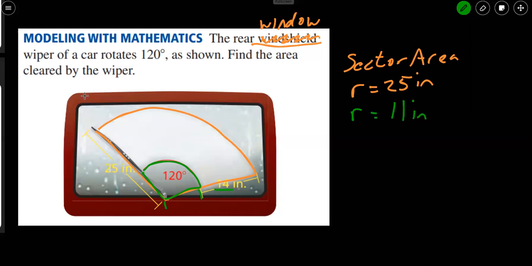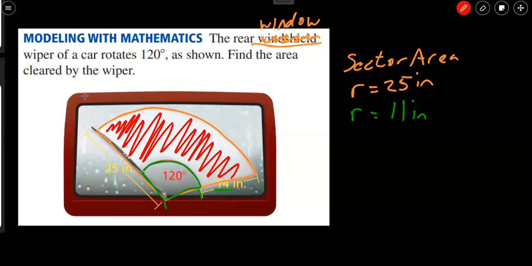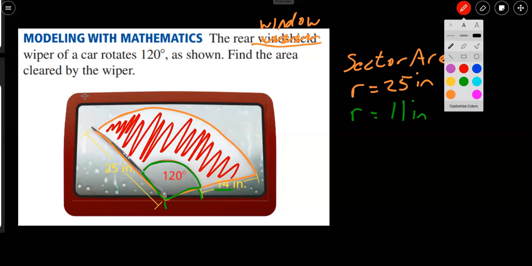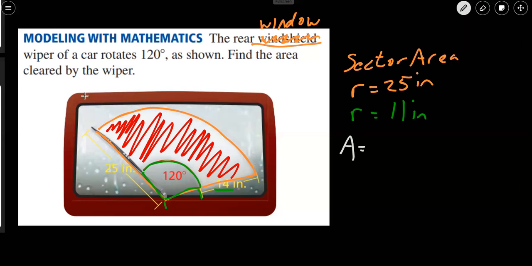I'm going to calculate the larger sector area and the smaller sector area, and then subtract the smaller from the larger, and that will give me the area cleared by the wiper, this weird little piece of a donut. So the area of a sector, again, the equation is really easy. It's area equals 1/2 times the radius squared, we already have our radii, times theta.